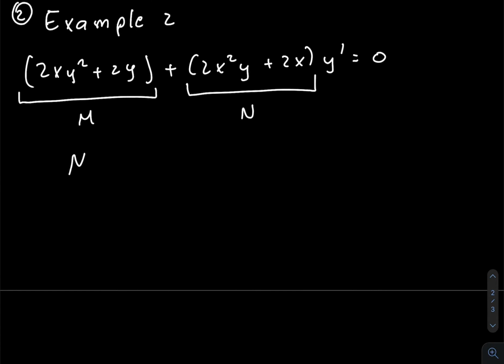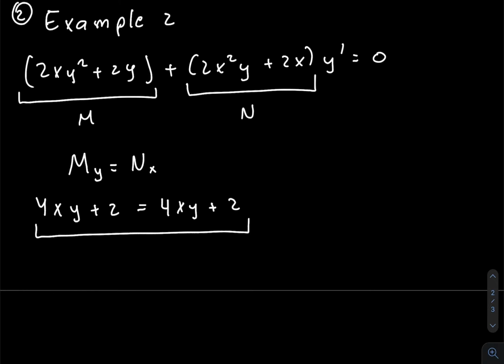So the partial derivative of M with respect to y must be equal to the partial derivative of N with respect to x. Let's do that. We'll have 4xy plus 2 must be equal to 4xy plus 2. And we see that we have reached an equality. So we can conclude that this is an exact equation.